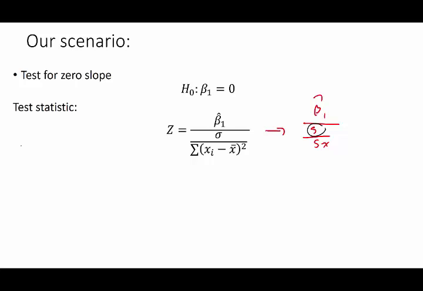Well, you'll probably recall that the MLE for sigma squared was 1 over n times the sum of the yi, I'm going to write it as an estimator, minus the yi hat squared. So it seems natural to use something related to this quantity.